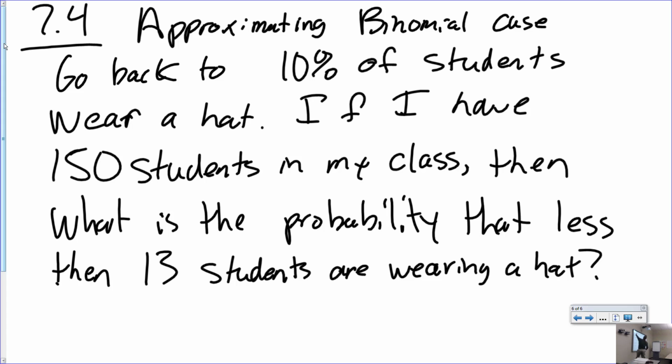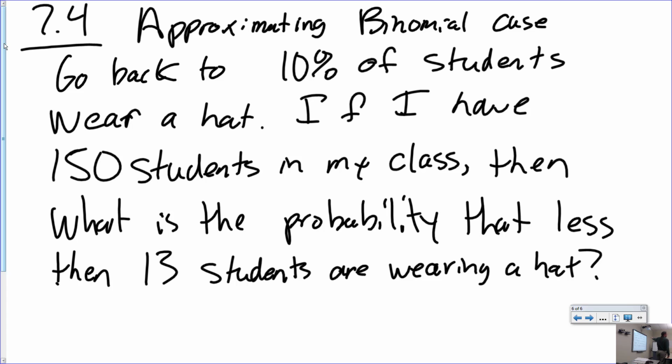The key here is realizing that this problem is very similar to that, except that instead of the probabilities being 50%, 50%, it's 10%, 90%. I can treat this case just like a regular old binomial case. We actually could calculate this probability using our 5.2 statistical analysis for binomial probabilities. Totally doable.